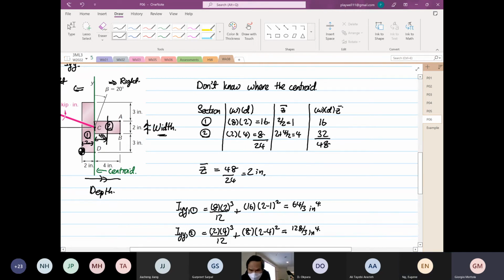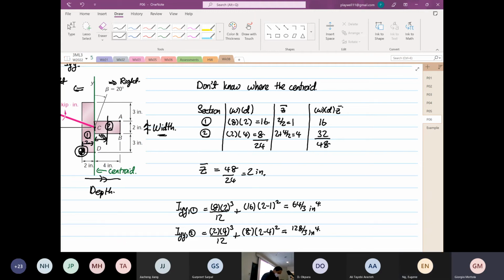Because the Z is from the datum. This is where the datum is. The student asked why we have to do 2 plus 4 over 2 down here.